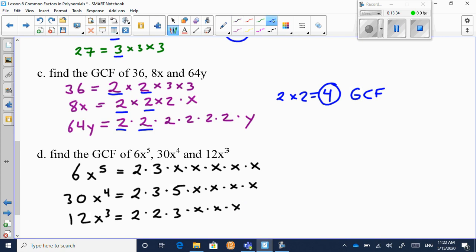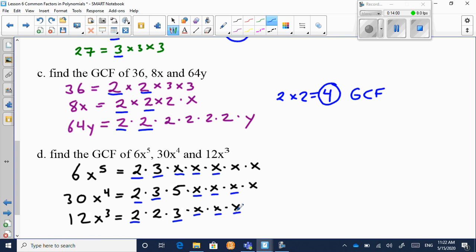All right, what do they share? Well, they all share a 2. Oh, look, they all share a 3 in terms of numbers. I'm done with the numbers. And then watch this. They all share 1 x. They all share 2 x's. And they all share a third x. But that's it. They don't share any more x's.